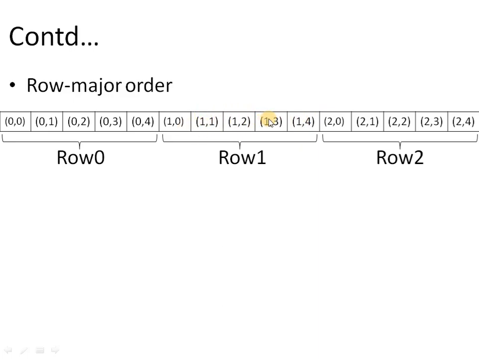So accordingly, we have the next 5 elements, and the last 5 elements are from the last row. Here we have only 3 rows, so the first index comes out to be 2 for the last 5 elements. So in this way, the two-dimensional array elements get stored following the row major order.